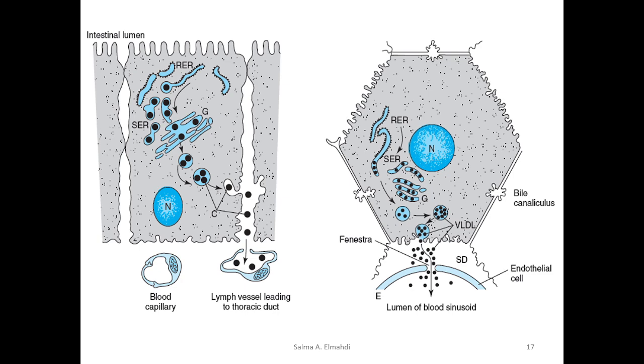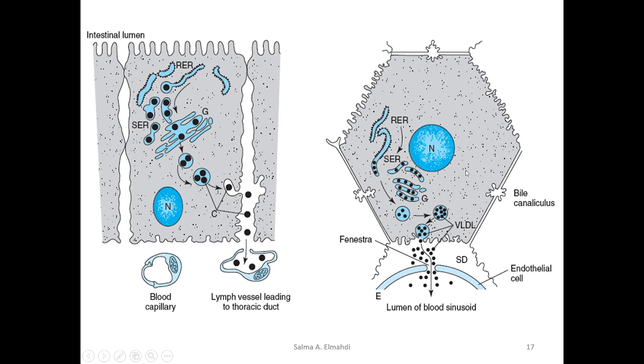Chylomicrons from the intestine will be released in between the intestinal cells, and then find their way into the lymphatics, where they will be carried through the lymphatic system to join the general circulation, and then from there head mainly to the liver. The joining of the lymphatics with the general circulation, of course, is through the thoracic duct.